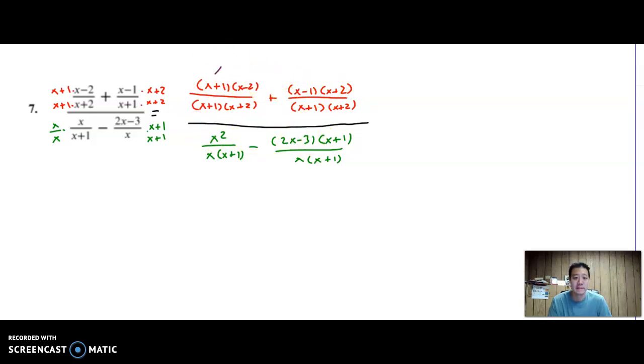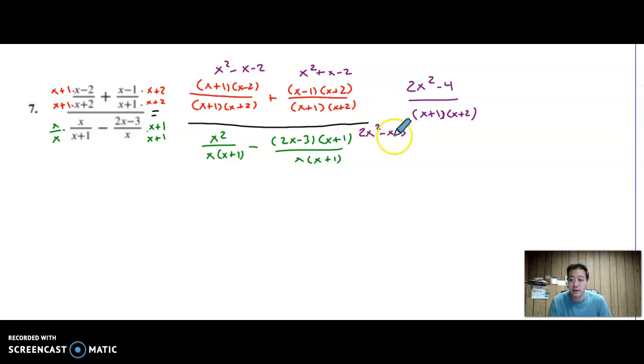So up here, this is x squared minus x minus 2. This becomes x squared plus x minus 2. So this simplifies to 2x squared minus 4.